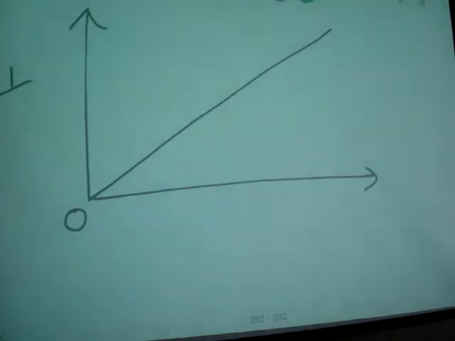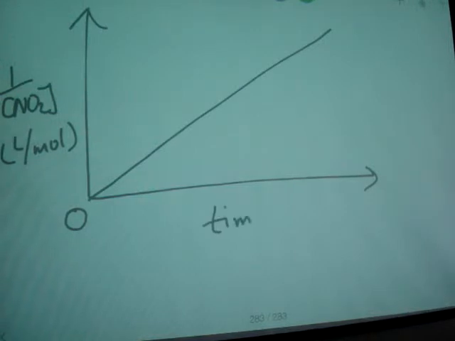This is 1 over NO2 concentration, in liter per mole, and time in seconds. Let's say this is 60, 120, 180, 240, and so on and so forth.